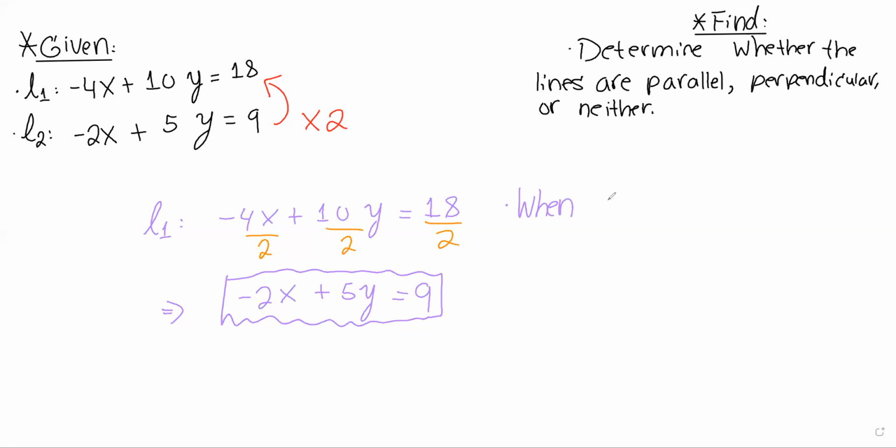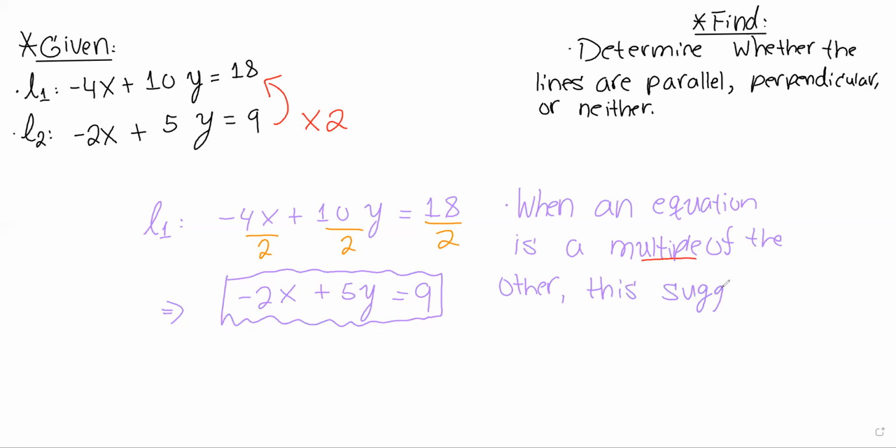So when given a system, when a linear equation is a multiple of the other, this suggests they are algebraically equivalent.